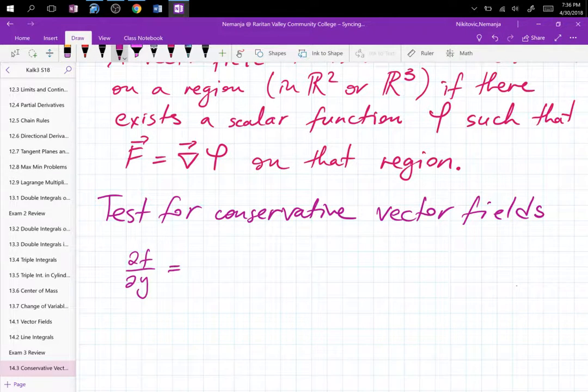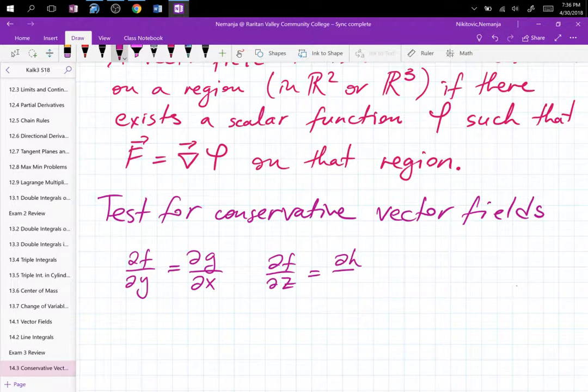The f dy needs to be equal to the g dx. And then the f dz, these are all partial derivatives, needs to be the same as the h dx. And finally, the g dz needs to be dh dy.